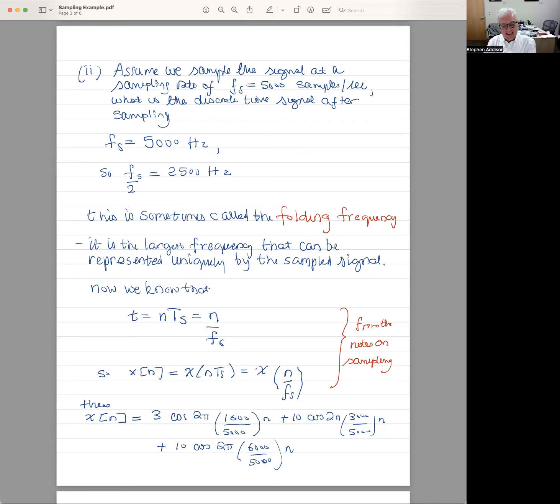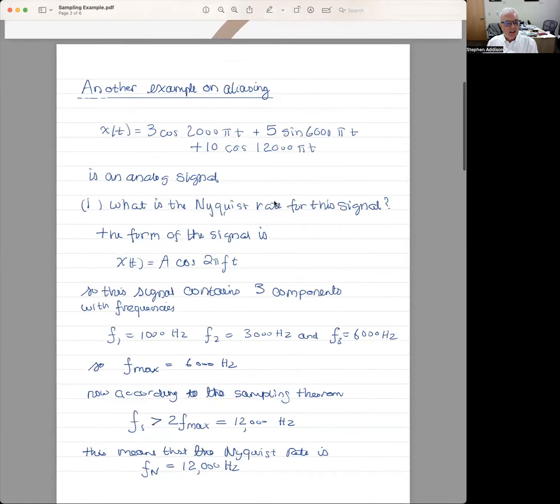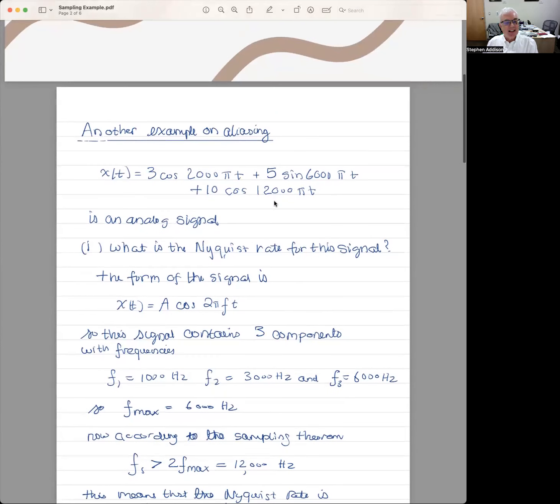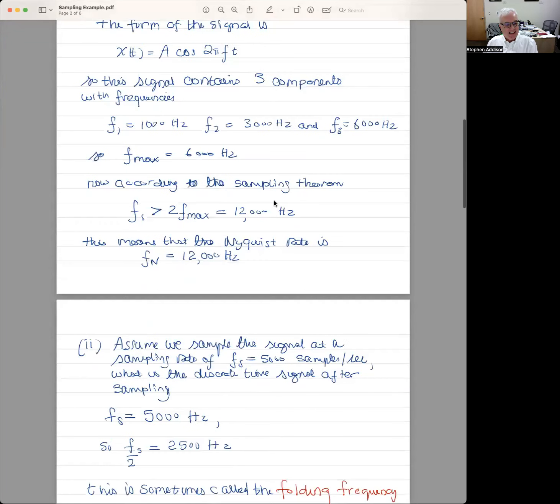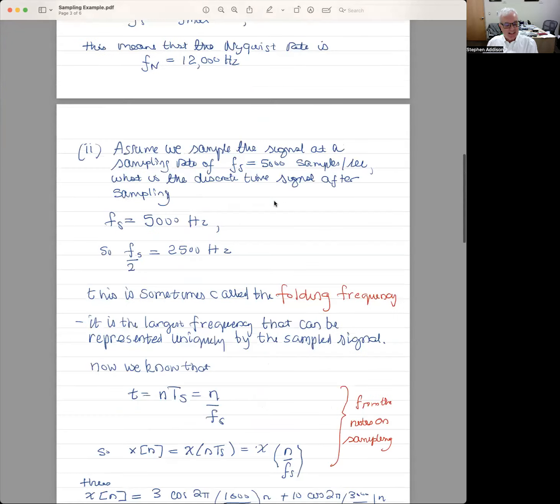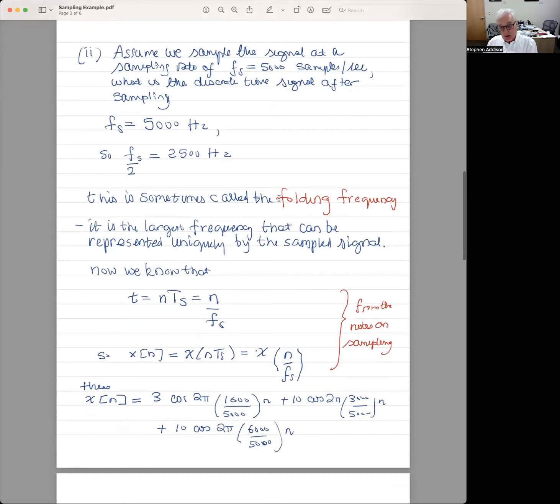That can be simplified, and I just noticed an error that I will fix before I post it. If we go back to the previous slide, you will notice that my original signal had a sine as the middle term. I got carried away when I wrote this, and I wrote it as a cosine, which I will fix before I post the notes for you.